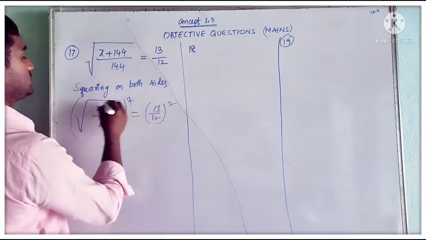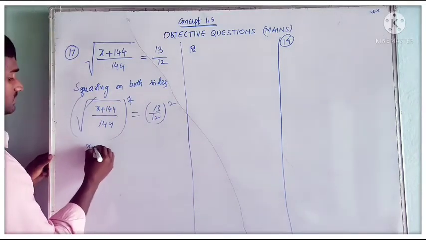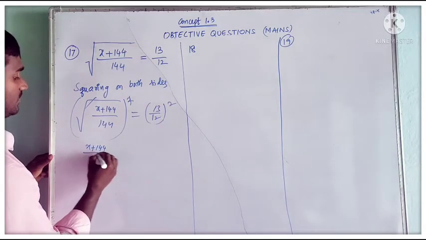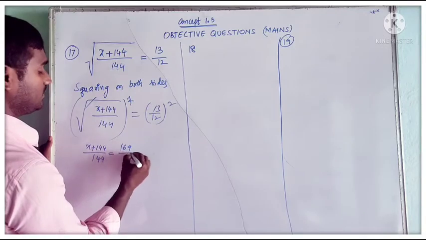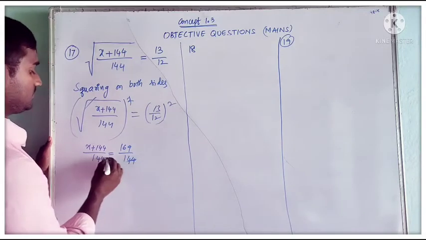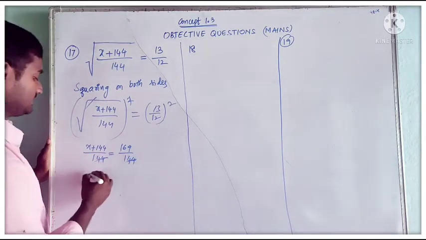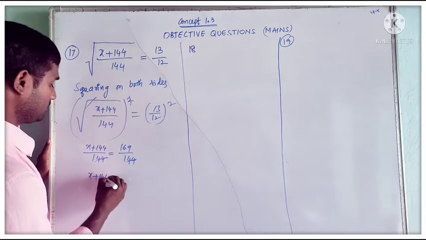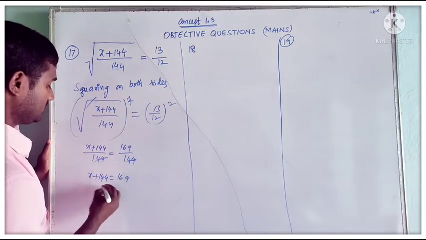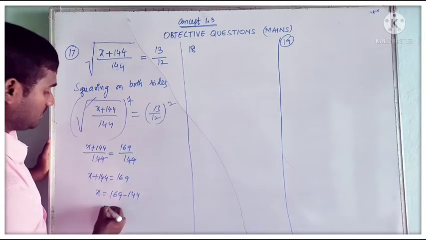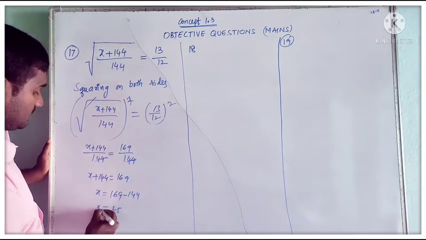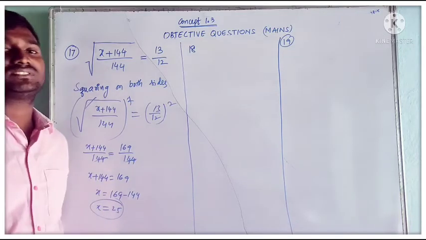The square root cancels. So (x plus 144) by 144 equals 169 by 144. We can cancel 144. Next, x plus 144 equals 169. So x is equal to 169 minus 144, which is equal to 25. What is the x value? The x value is 25.